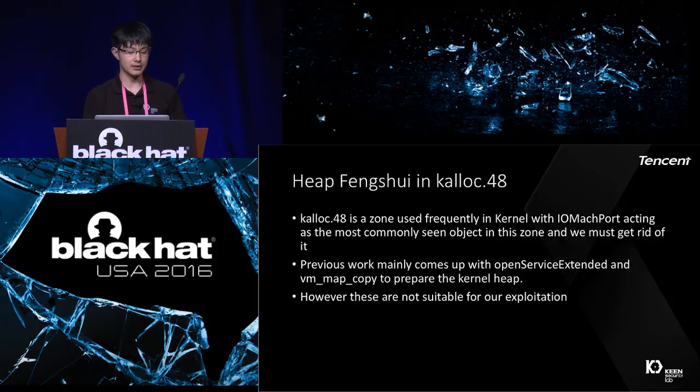But there is a problem for our exploitation because we are dancing in the KLOC 48 zone, and there is a very annoying thing called IOMark port. IOMark port also has a size of 48, and it will also fall in this zone. And we need to get rid of it to get stable heap control.